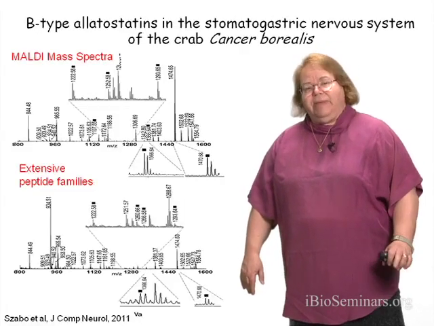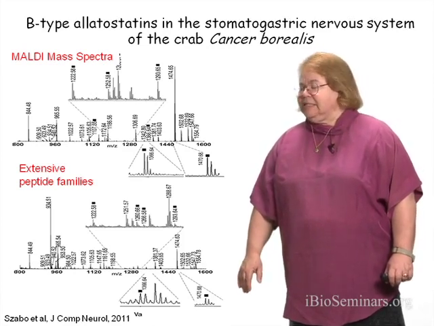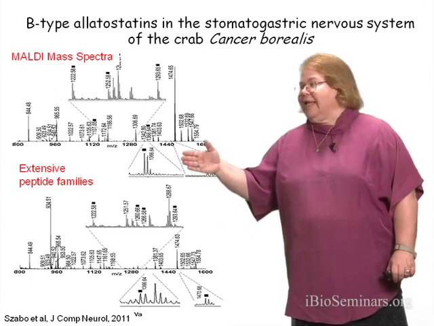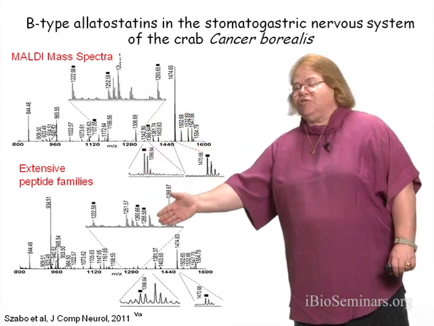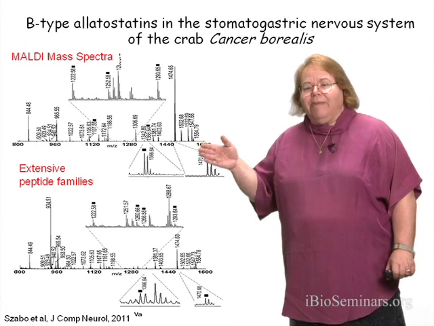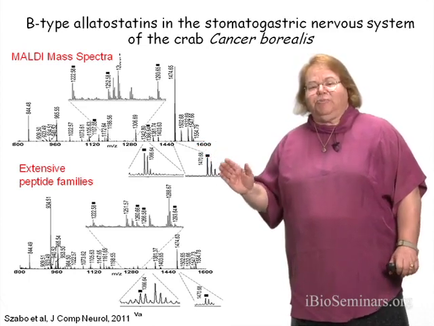A number of people working in crustaceans, including Lin Jun Lee and Beth Stimler, started identifying the peptides in the stomatogastric nervous system by MALDI, and these just happen to be spectra. And on the basis of this, it turns out that there are a number of different peptides that are found as members of very large peptide families.